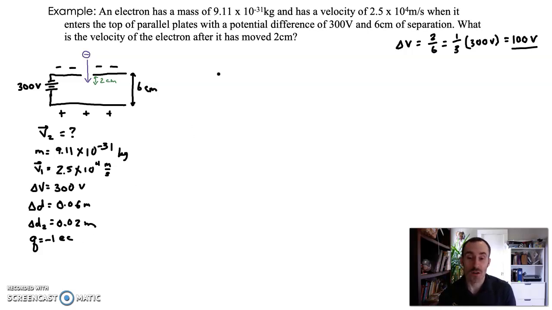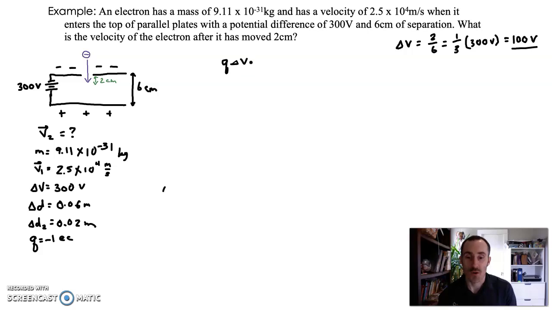Okay, so Q, change in V. We know those two things now. We know that the charge, because it's an electron, is negative 1 e, or 1.6 times 10 to the negative 19 coulombs. And we know that the voltage drop it's going to go through is 100 volts. And if you remember, Q times change in V is work, is change in energy.